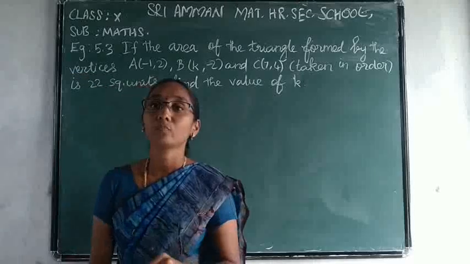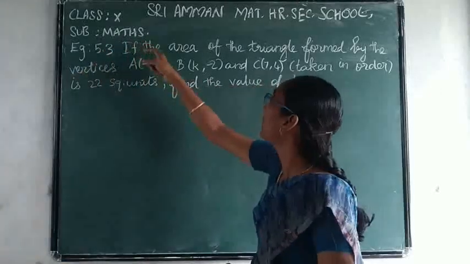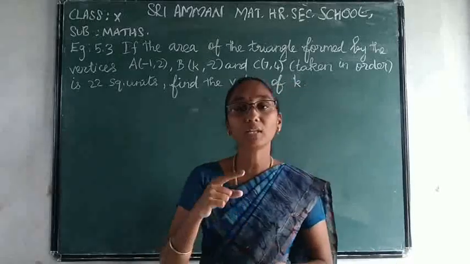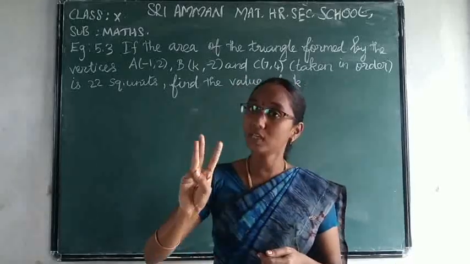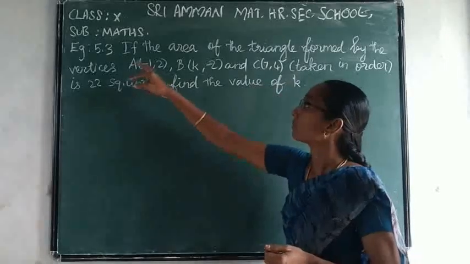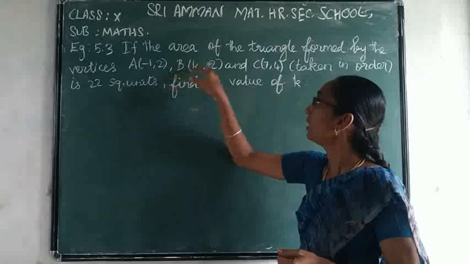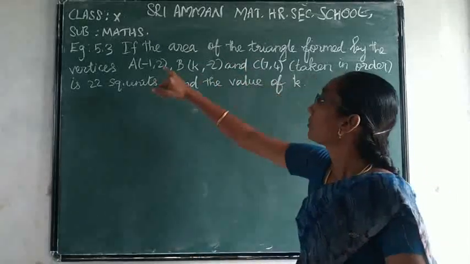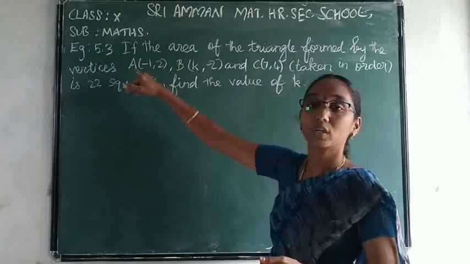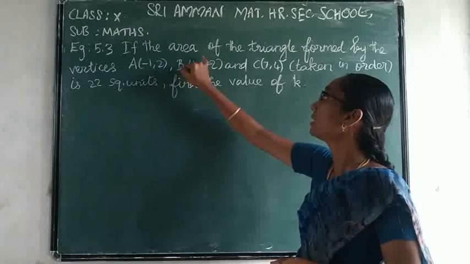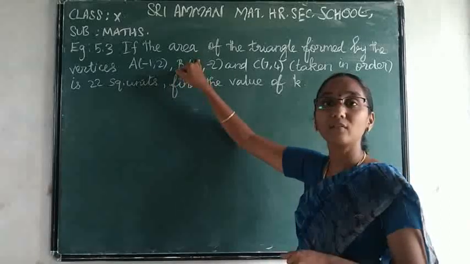Okay, listen. What is given? The area of the triangle. A triangle has 3 vertices: A, B and C. Okay, 3 vertices are given. What is this? A of minus 1 comma 2. And for B, one of the variables is given.